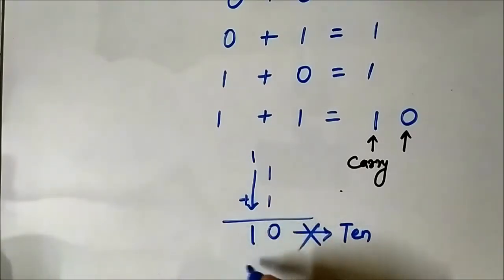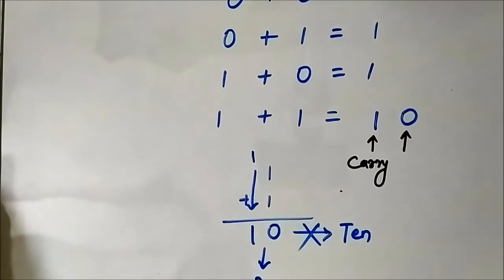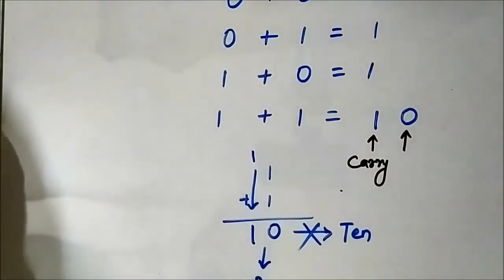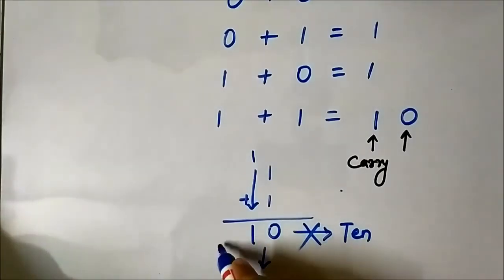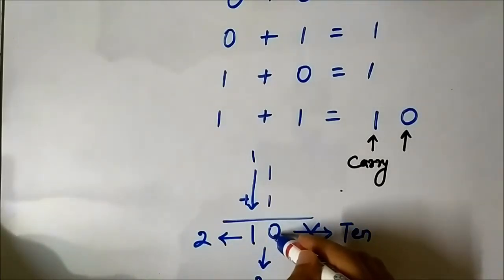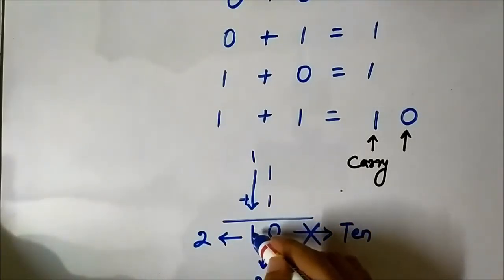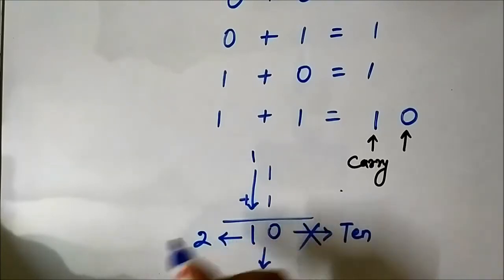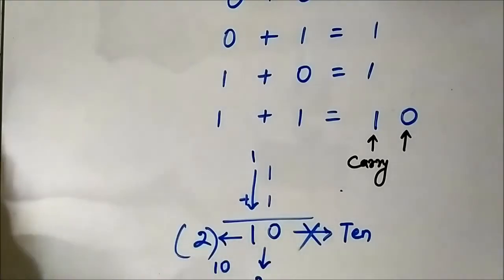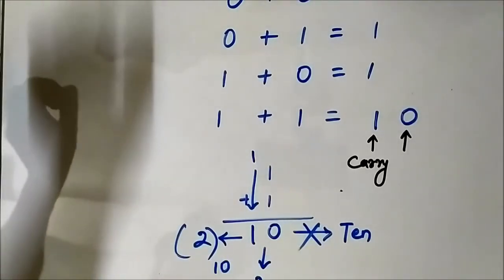If we convert it into decimal form, it will be equivalent to 2. Because this position has a weight of 2 to the power 0, which is 0, and this position has a weight of 2 to the power 1, so it is 2 in decimal form.